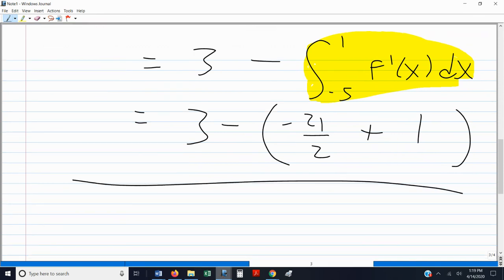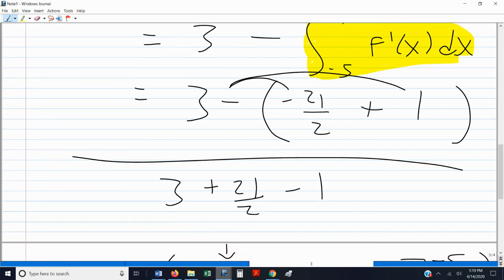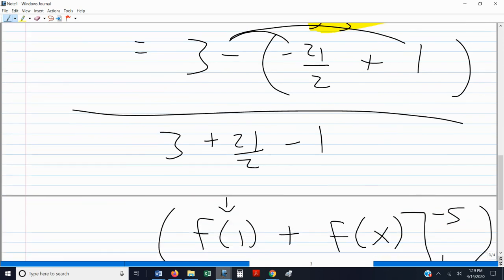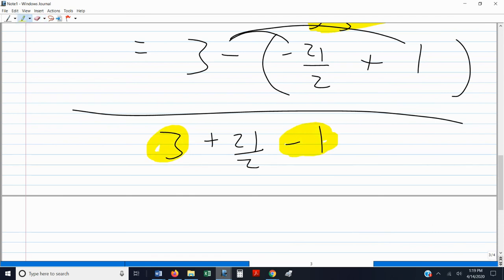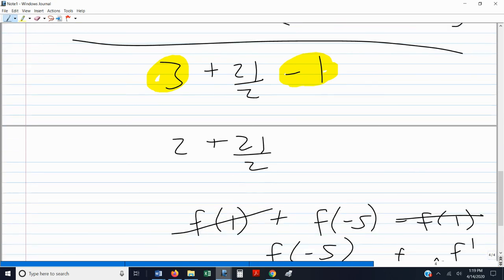If you wanted to finish this, you could distribute the minus sign. So you would get a positive 21 over 2, and you would get a -1. Then, if you were going to keep simplifying, I would probably do the 3 minus 1, 2 plus 21 over 2.